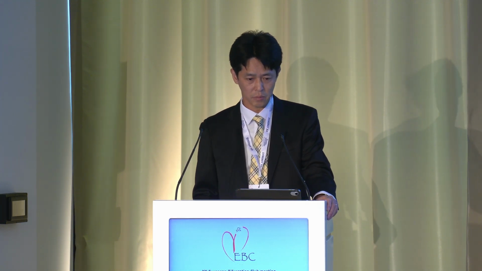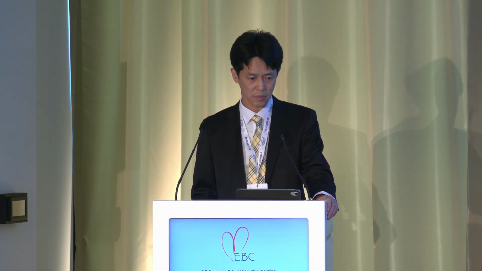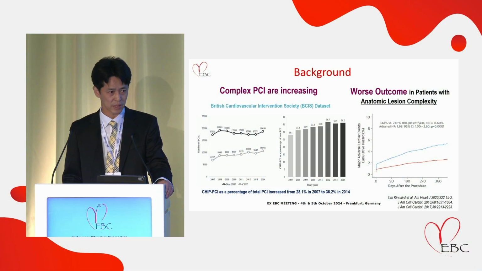Today, I'd like to talk about the prognostic impact of operator experience and IVUS guidance on long-term clinical outcomes after complex PCI, including left main and bifurcation lesions. Over the years, complex PCI procedures have been increasing.